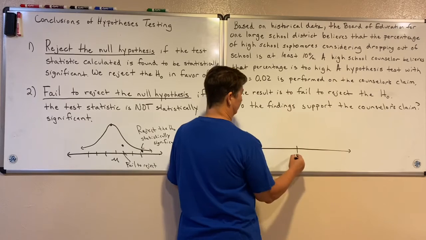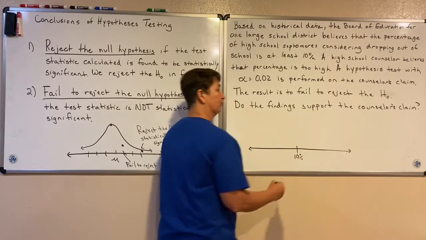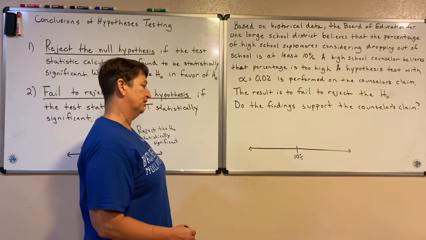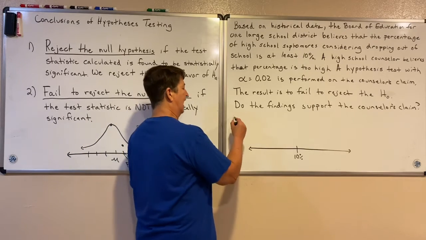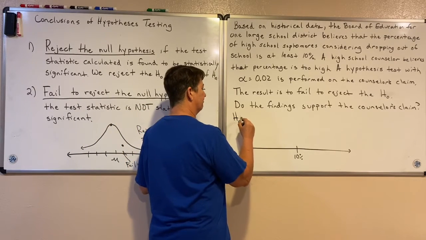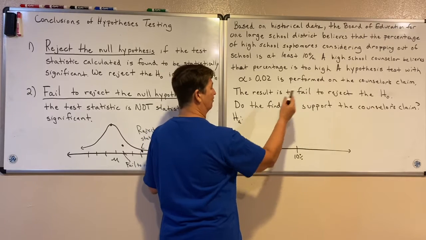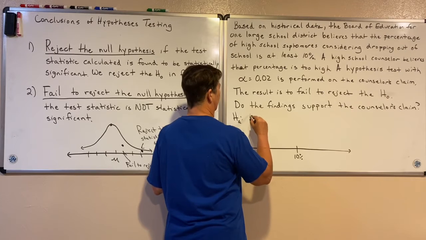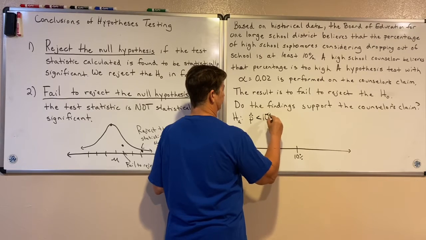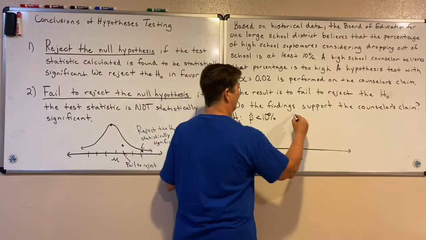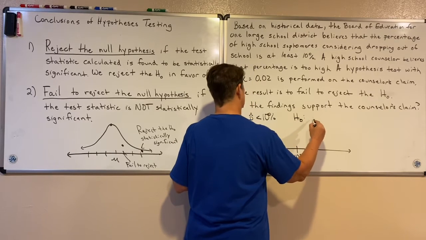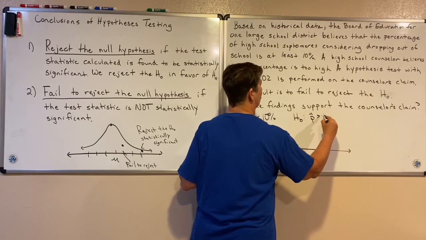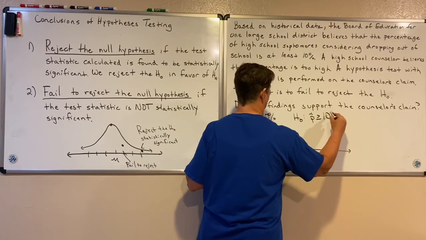In this case, it would be a proportion, 10%, in the middle. And our alternative hypothesis here, the counselor is claiming that that proportion is less than 10%. And then the null is that it is greater than or equal to that 10%.